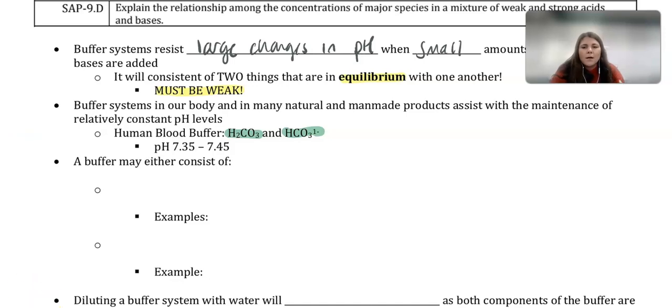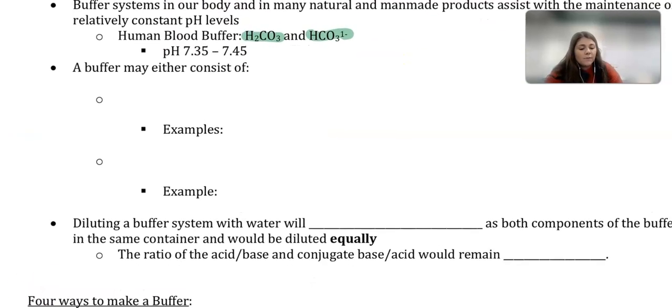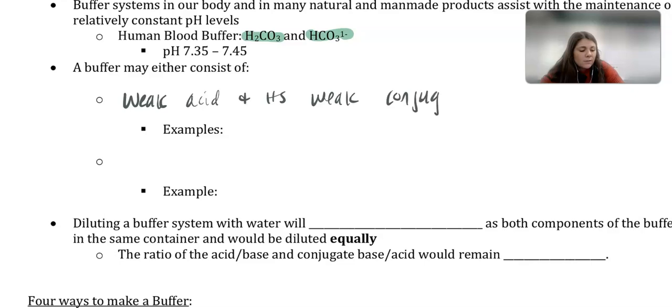Okay, moving on. Like I said, a buffer may consist of only weak things, so let's talk about some examples. We have two. You can have a weak acid and its weak conjugate base. Some examples could be HF, the acid, and its conjugate base F minus.